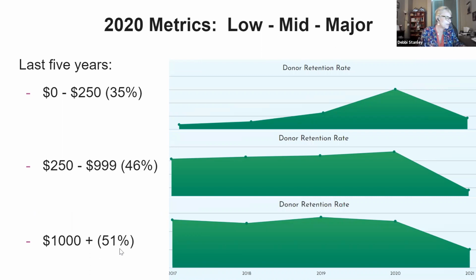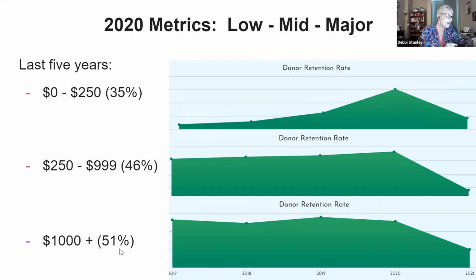So if I look at this, I see that my low-level donor rate is kind of right on par. My mid-level donor is a little higher, so that's good. And my top tier donors, I'm doing pretty good with them. I'm retaining about 50%.